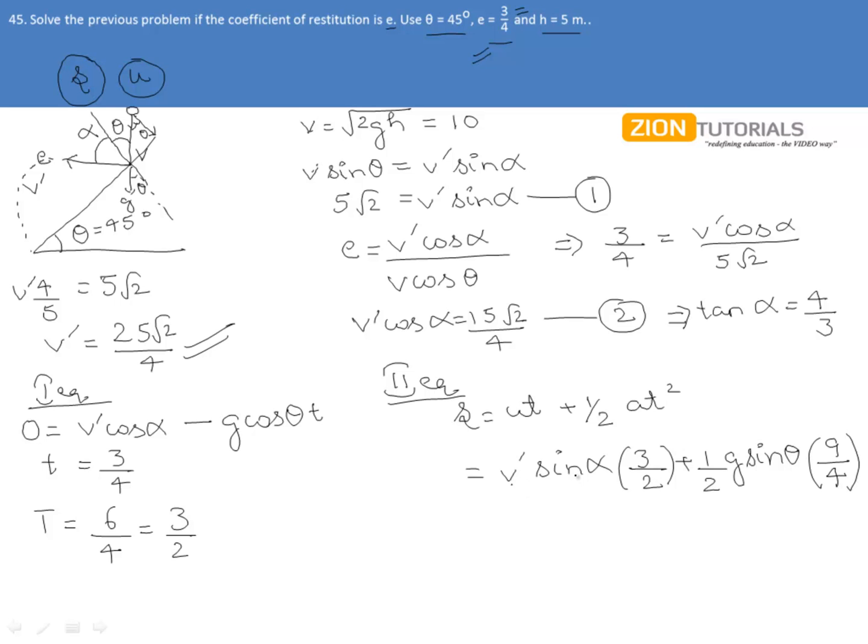Putting the values of V dash sine alpha, g and sine theta, we get the value of S to be 105√2/88, that is approximately 18.5 meters. So this is the answer for this problem.